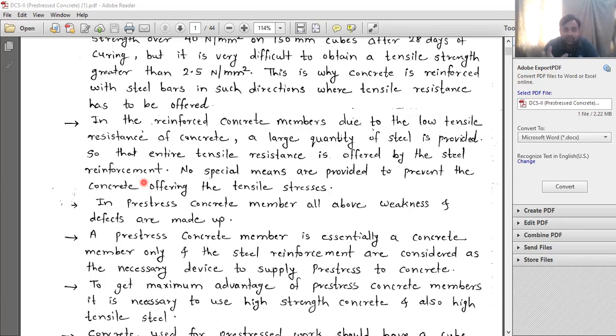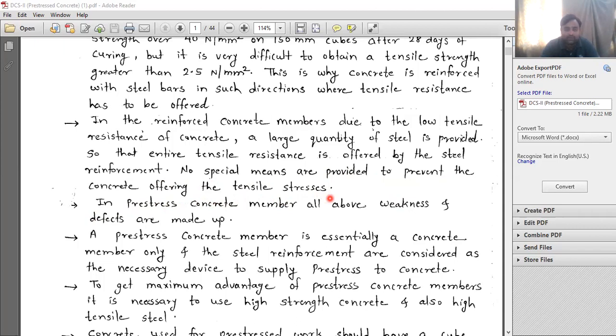Whatever the tensile resistance is there, it is provided entirely by the steel. So no special means are provided to enable the concrete to offer the tensile stresses. We have not made any special arrangement, or enhanced the property of the concrete, so that it can also provide the tensile stress.